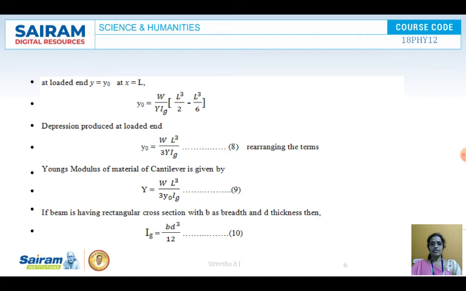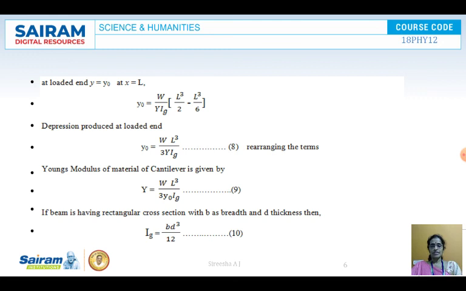Now, rearranging the terms of equation 8, the Young's modulus of the material of a cantilever is given by capital Y equal to wL cube by 3 y naught into Ig. Just by rearranging equation 8, we get equation 9. If the beam has a rectangular cross section with b as the breadth and d as the thickness, we know that Ig is equal to bd cube by 12.